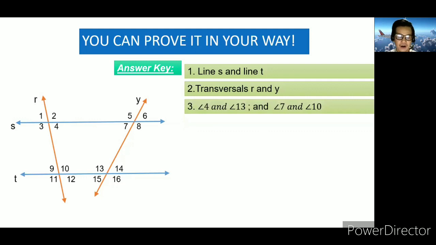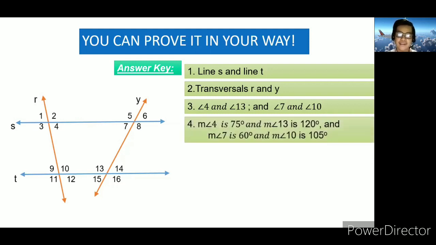In this figure, our opposite interior angles are angle 4, angle 13, and angle 7 and angle 10. You spotted it correctly, kid. So for number 4, angle measurement will vary depending on the position of its parallel lines and transversal lines on your drawing.